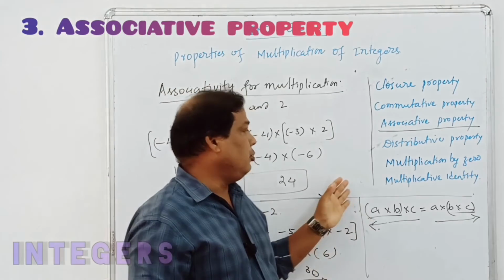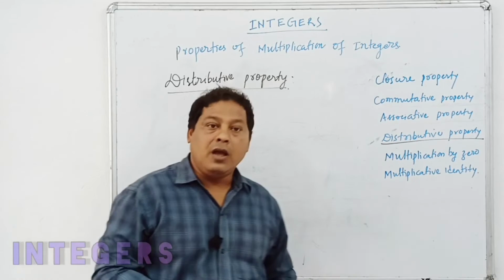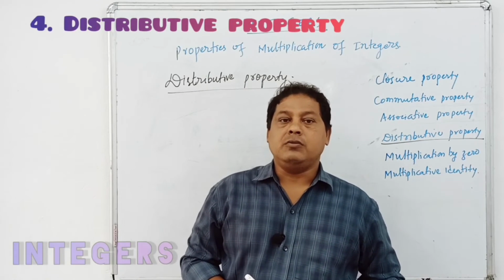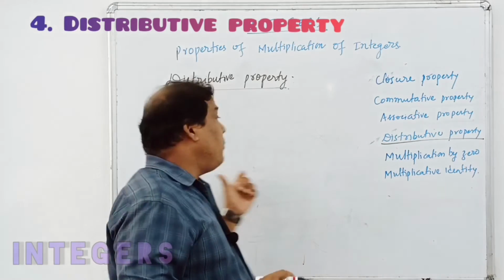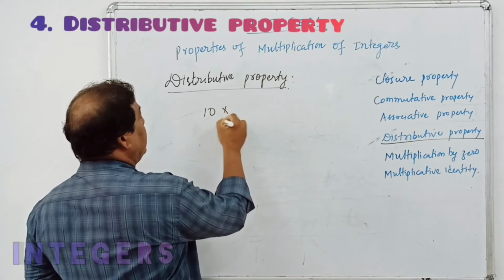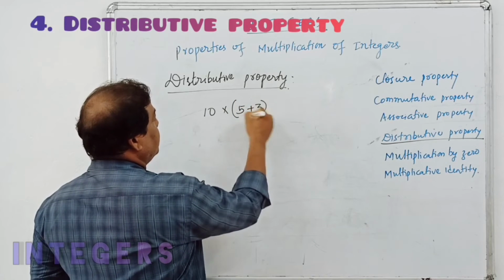Now we will go through the next topic, that is the distributive property. As we know, distributive property of multiplication over addition, let us see one example here. 10 multiplied with (5 plus 3).